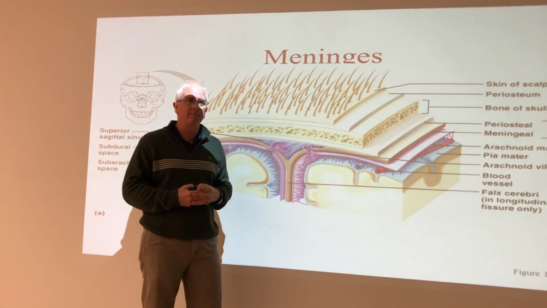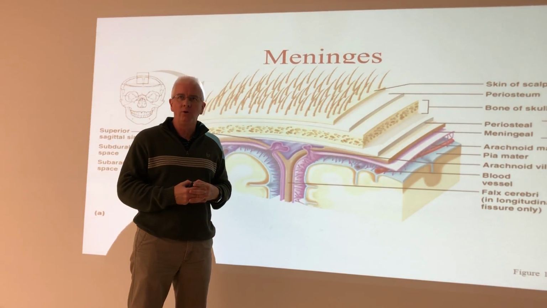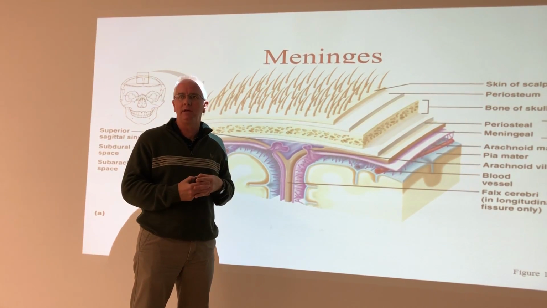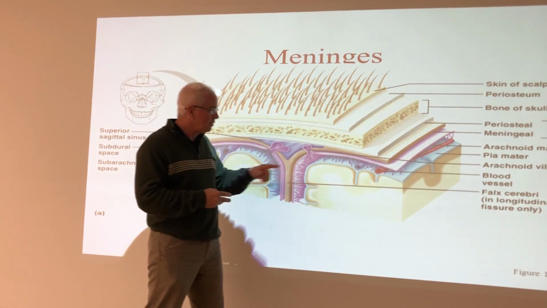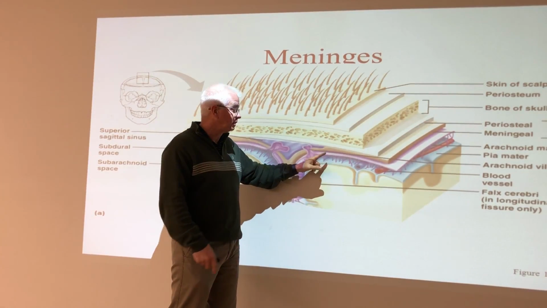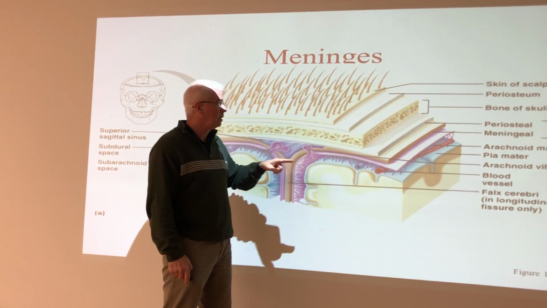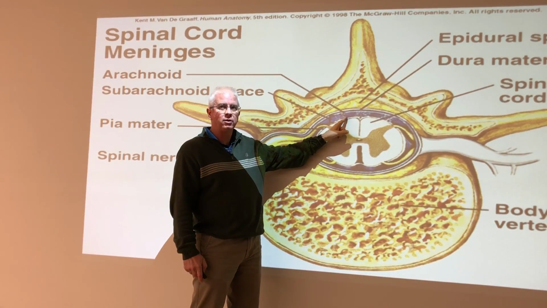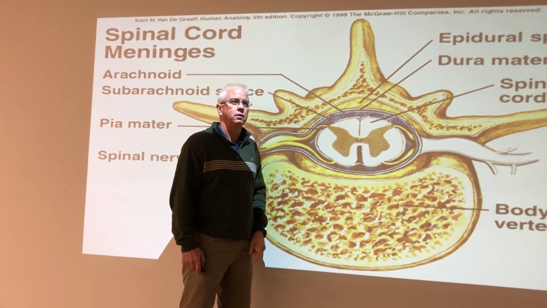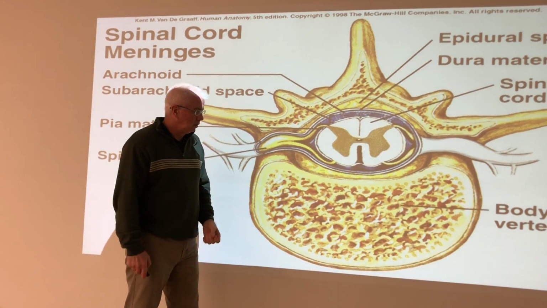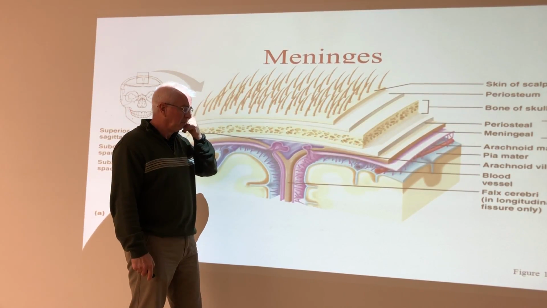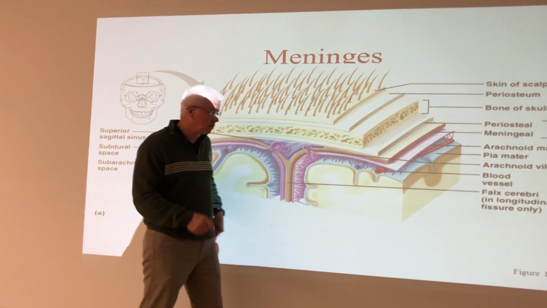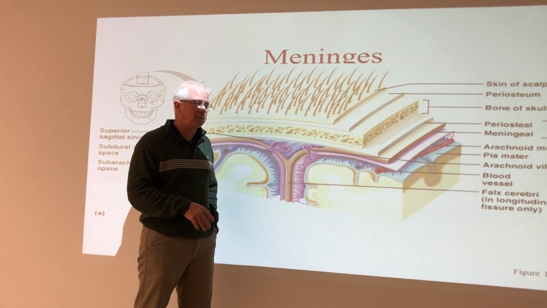The brain itself is floating in fluid. It is completely surrounded by cerebrospinal fluid in the subarachnoid spaces. So you can see that fluid here around the brain, and you can see that fluid here around the spinal cord in the subarachnoid space. Now, let me mention the last one, and then I'm going to talk about that fluid. The last layer of the meninges is actually fused to the outside surface of the brain and spinal cord.